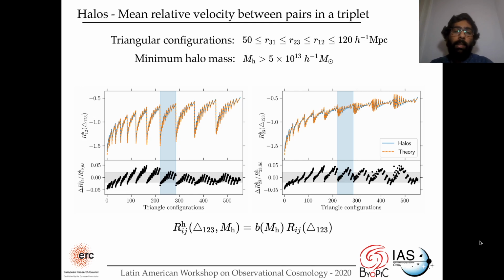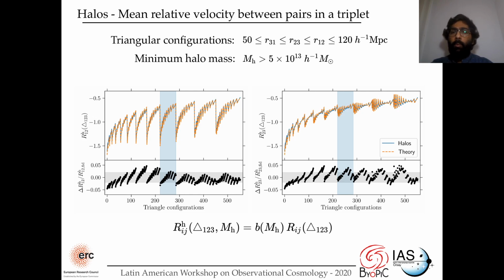The blue line is the measurement from the halos, while the orange dashed line shows the theory prediction including the bias factor. For these configurations, the analytical prediction is consistent with the measurement within 5% at max on certain configurations, but for most cases it is accurate within 2% or so. This is quite encouraging.